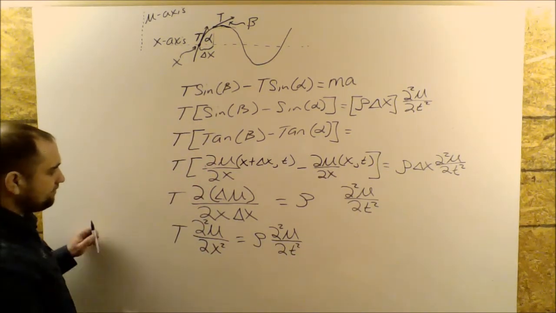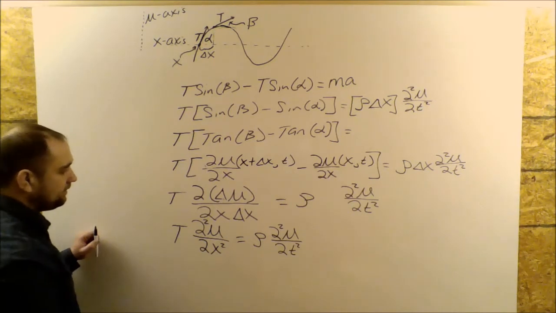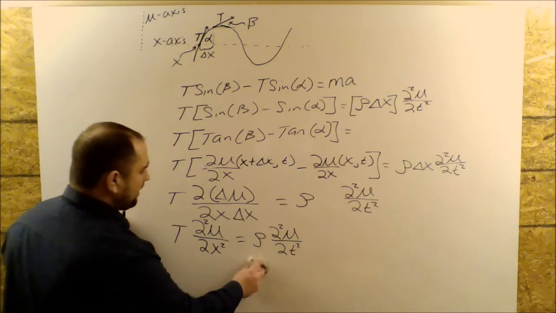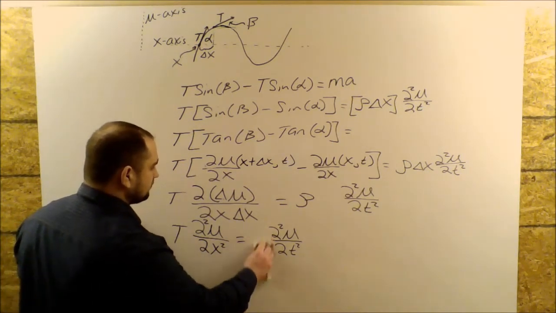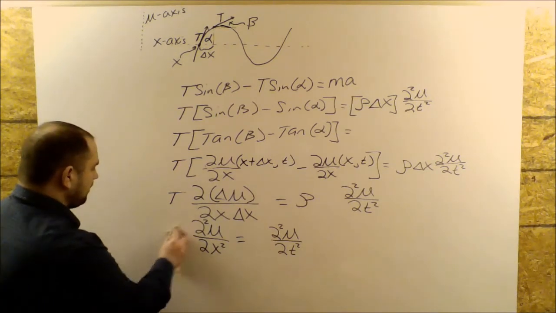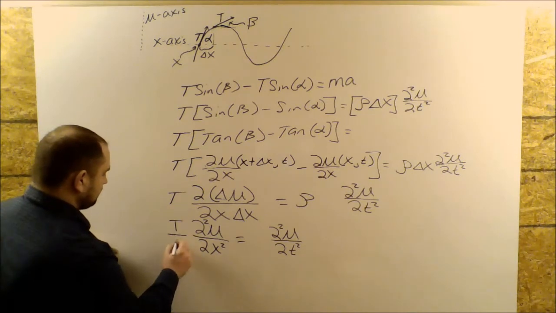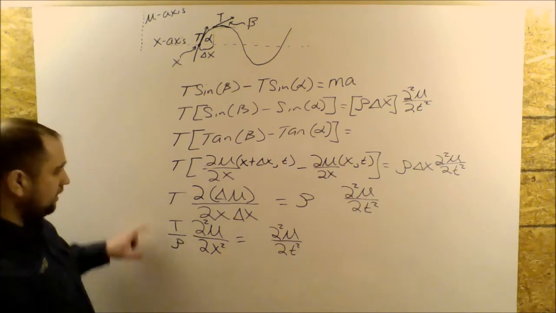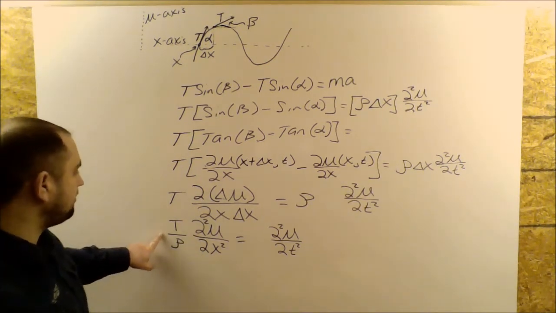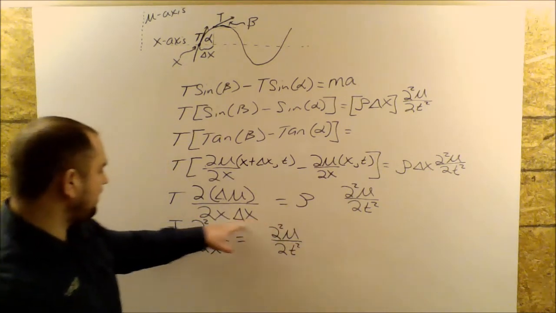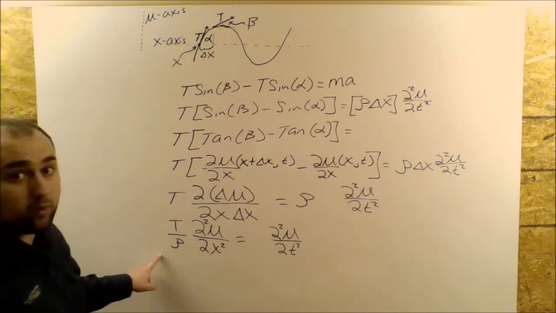And so now if I divide by rho, I get the typical form of the one-dimensional wave equation.